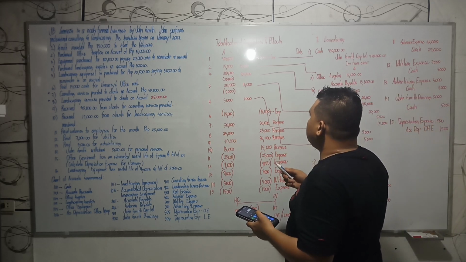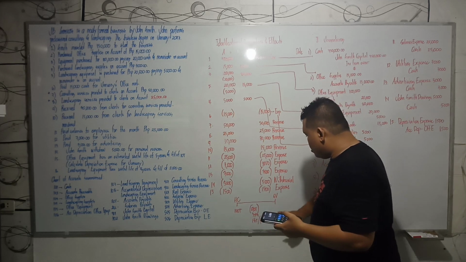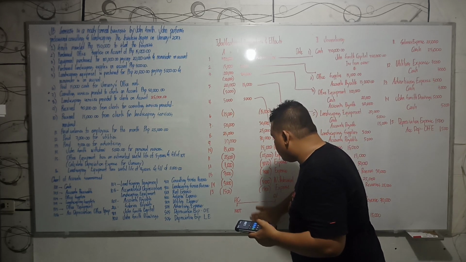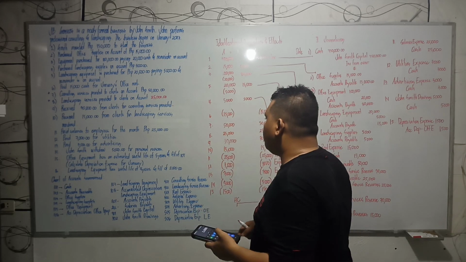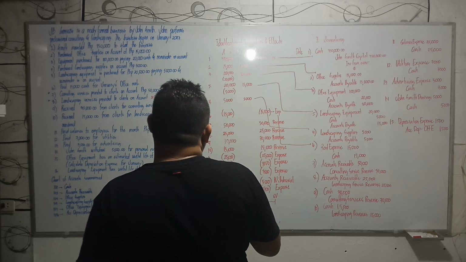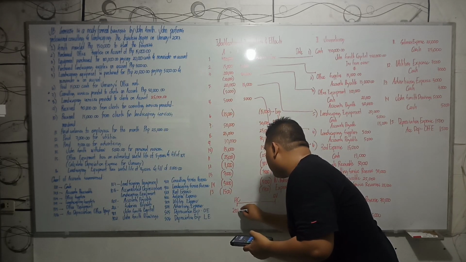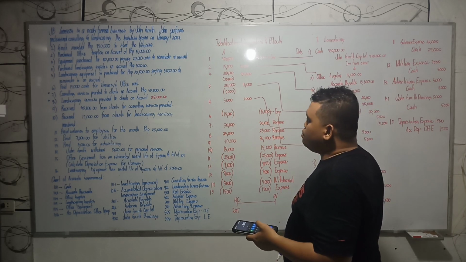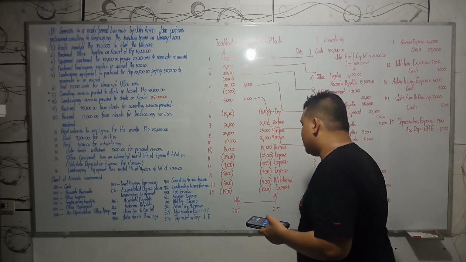And on number 16, it's basically the same. However, the amounts are not the same because we're talking about the landscaping equipment. According to here, the landscaping equipment, which is in number 5, that's 20,000, the historical cost. And then it has a salvage value of only 2,000 at the end.